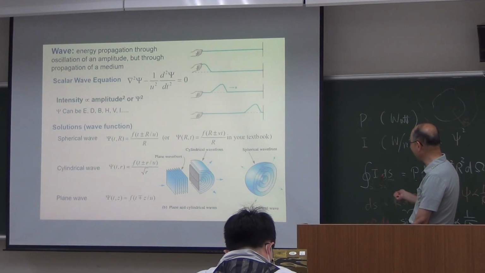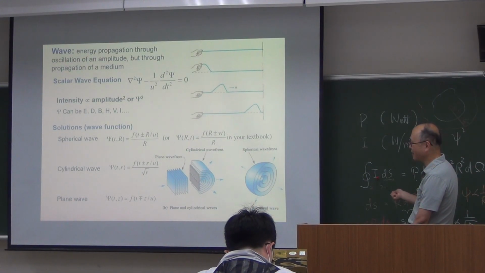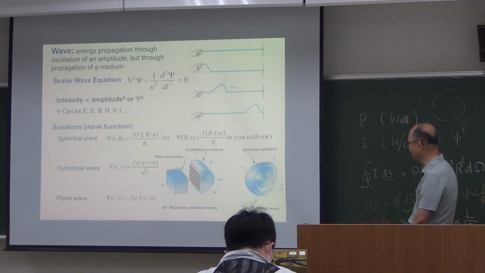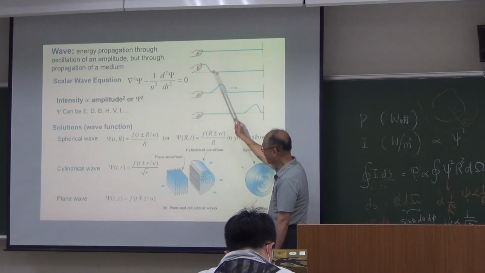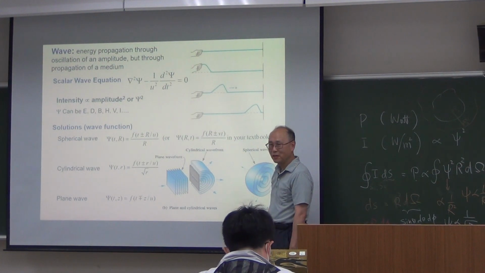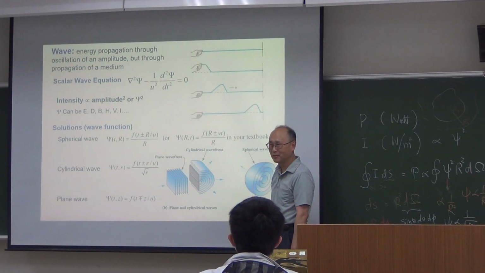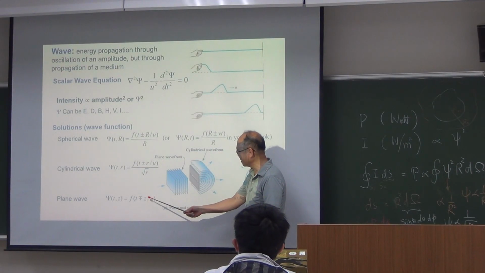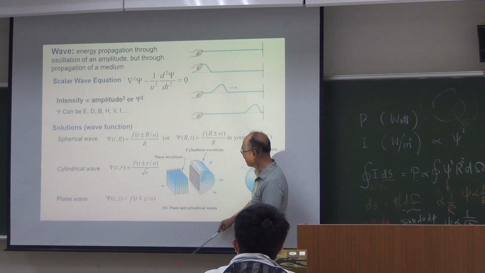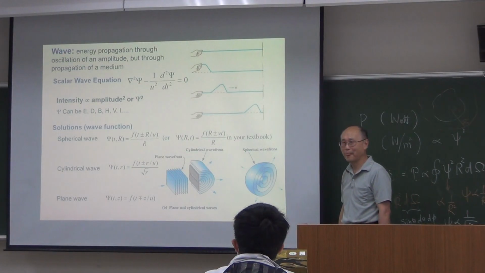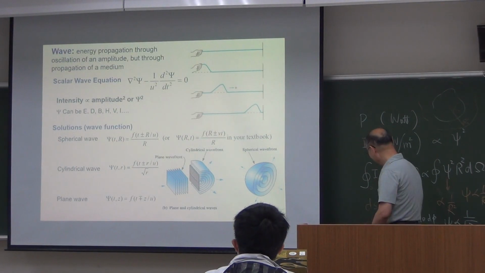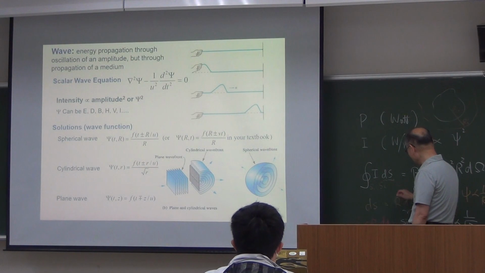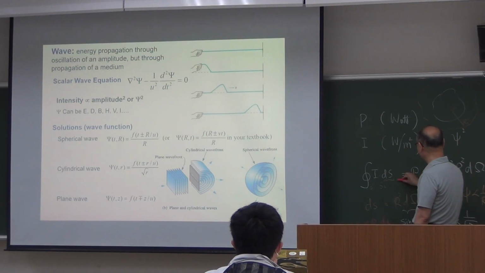This is not a function of position, because this plane supposedly is huge. Okay, it just tells you that the wave is propagating along the z direction, and this wavefront is a constant. So when you do this integration, it diverges to infinity.